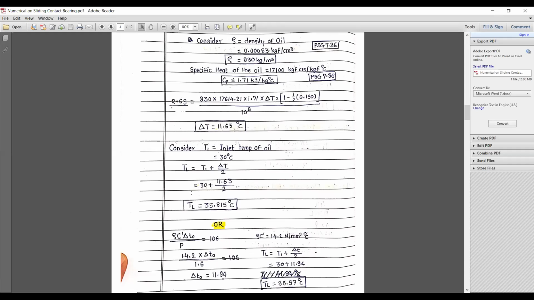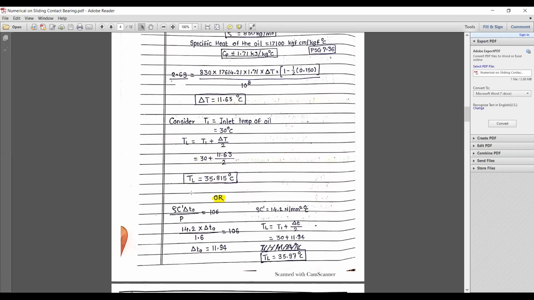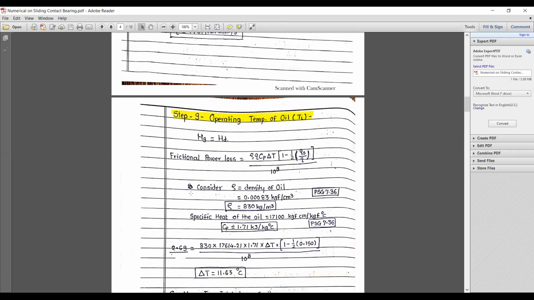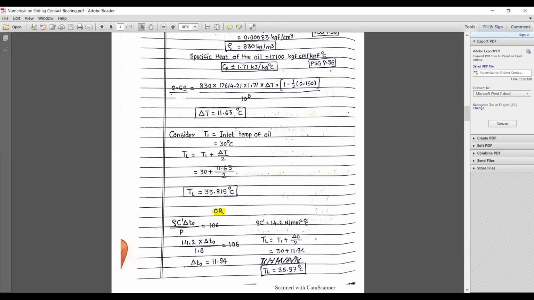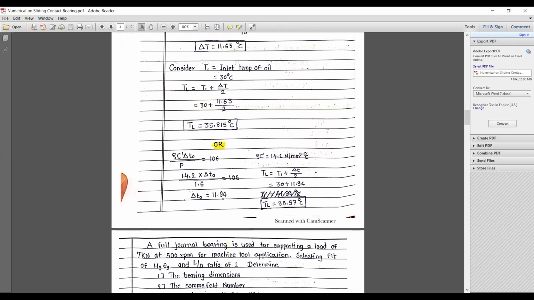As we are considering an initial temperature of 30 degrees, the variation should be half of delta T. So T1 plus half of delta T gives the total variation, or you can say the operating temperature of the oil is 35.815 degrees centigrade.